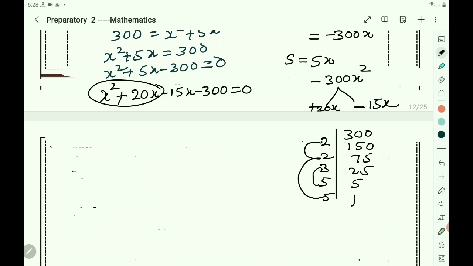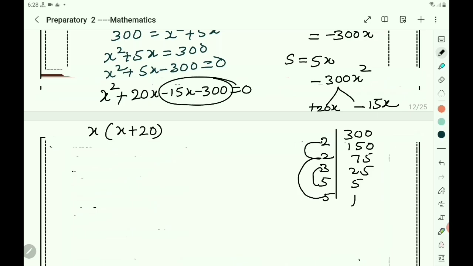Then out of these two, write x into x plus 20. Here minus 15. What is remaining? X plus 15, 20 is the 300. Here the sign is negative outside the bracket, so the sign inside the bracket changes.